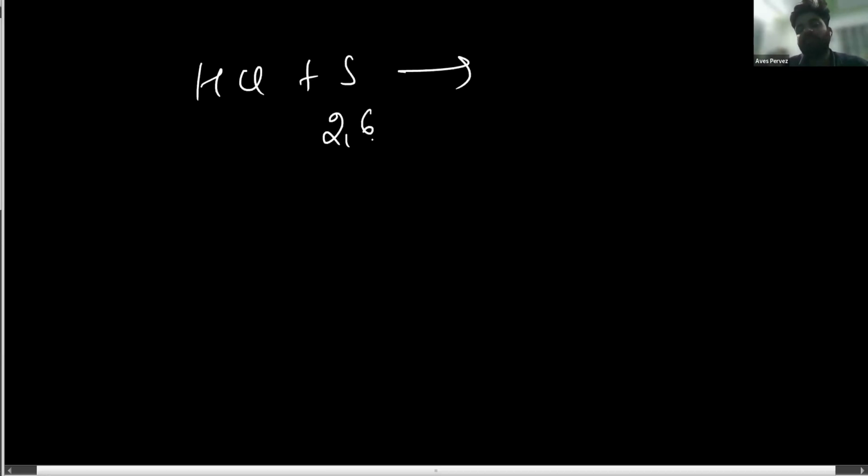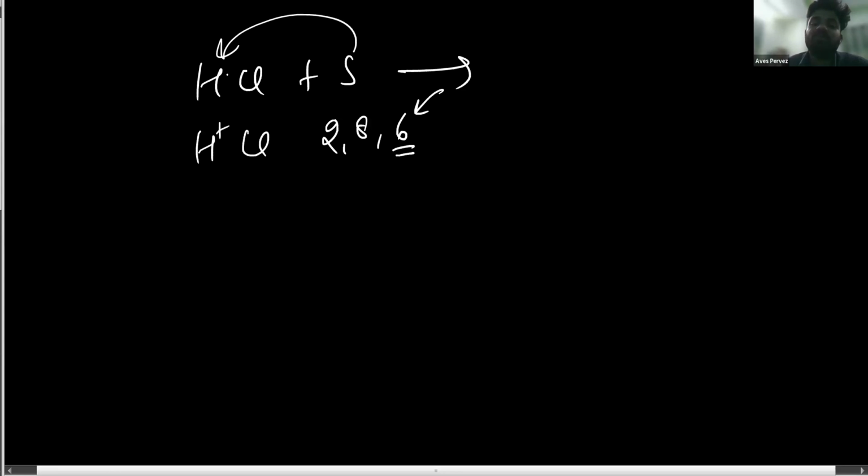But if I'm having HCl reacting with sulfur, sulfur is going to have the 2,8,6 electronic configuration, and it already needs 2 electrons to complete its octet. So sulfur is not going to donate its electron to the H plus ions of acids to form hydrogen gas.